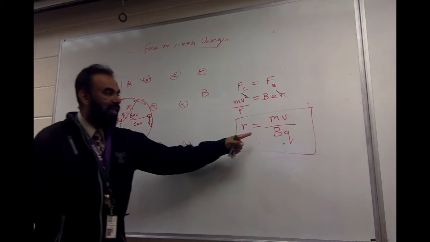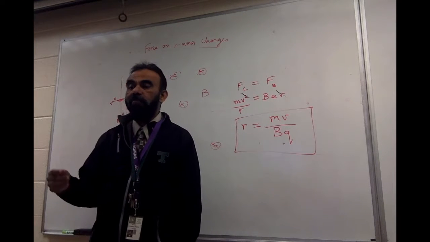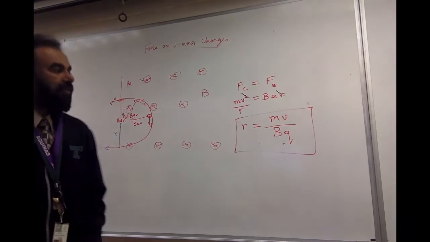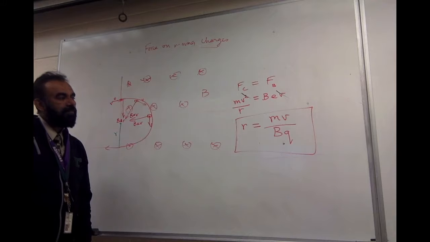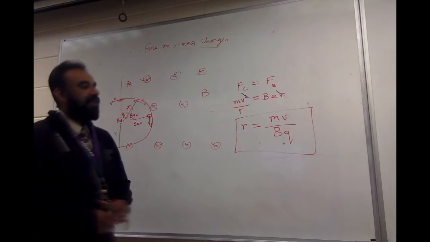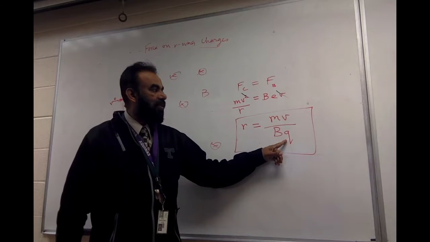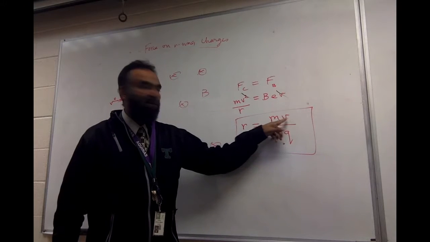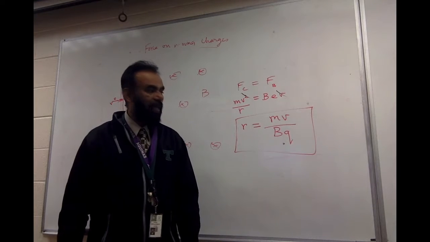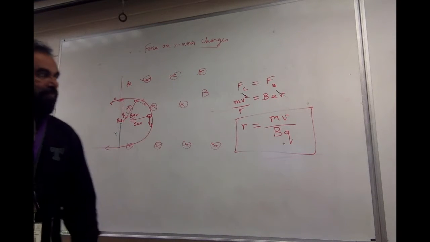So this is a general equation for the radius of the turn taken by a charged particle moving in a magnetic field. Make sense? The radius of the turn taken by a charged particle of charge Q moving with a speed V, having a mass m in a field B, is mv over BQ.